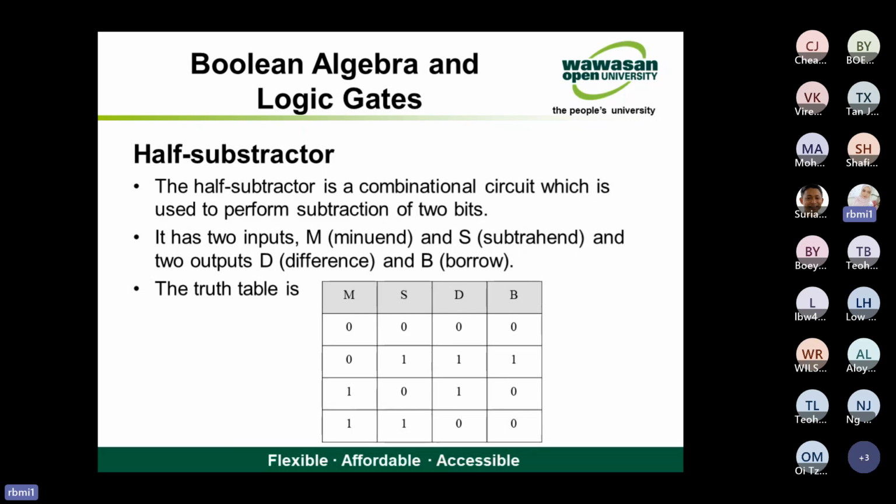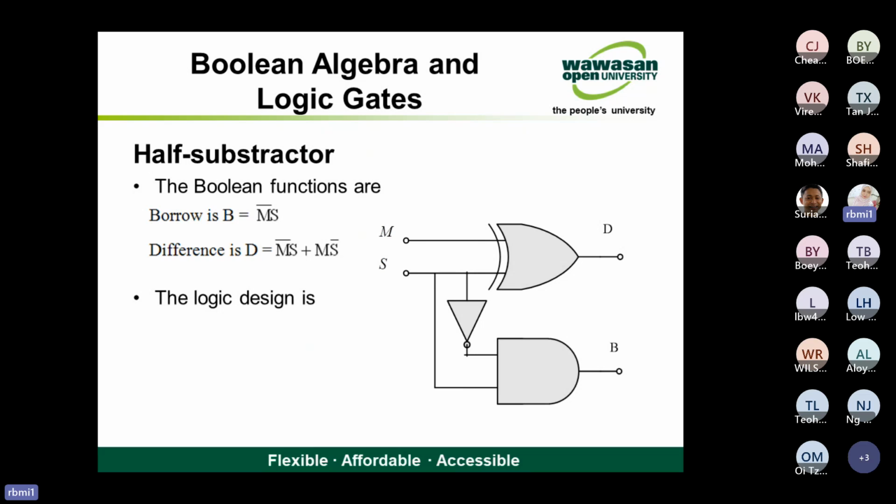So if we write 0 minus 1, the digit 0 is the minuend M and the digit 1 is the subtrahend S. From this truth table, we can derive the logic expressions for the half subtractor circuit, for difference and borrow.